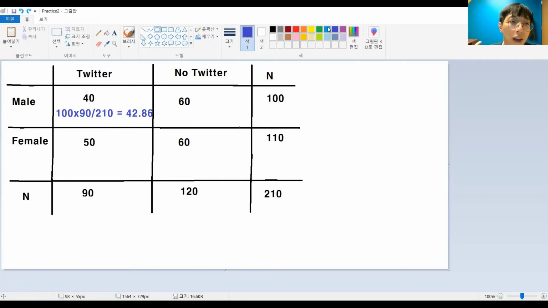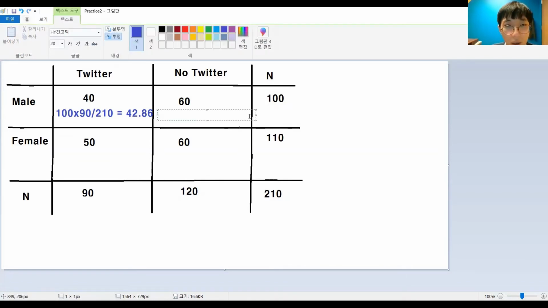So let's calculate the expected frequency, or expected counts, for male with no Twitter account. You will multiply this number by this number and divide it by this number. So the expected frequency for male with no Twitter is 100 times 120 divided by 210.